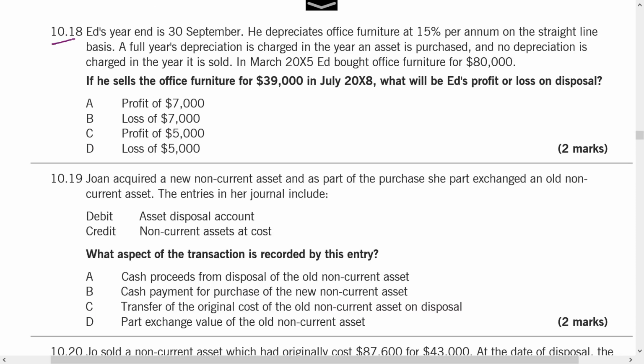Next we have question number 18. If he sells office furniture for this amount in July 08, what will be his profit or loss on disposal? We had already solved multiple questions similar to this one, so you can attempt this question by yourself using the same method.